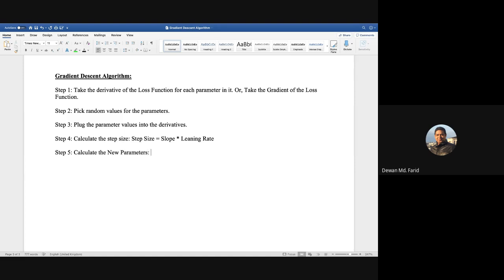So this new parameter equals the old parameter minus step size. That's it.